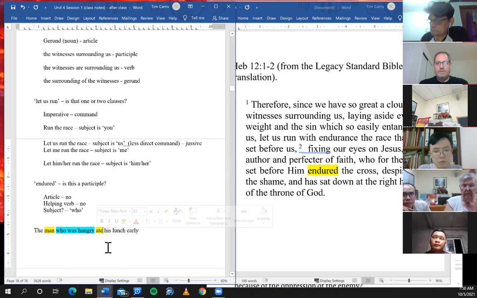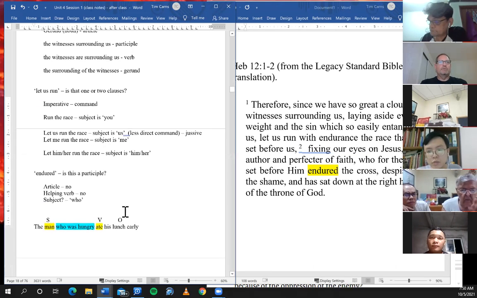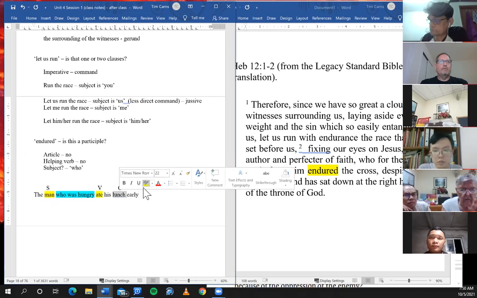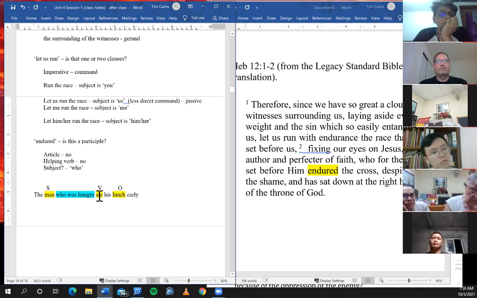You see that? So the subject here is the man. The verb is ate. The man ate his, and then the object is lunch. We will see that quite often in English and quite often in scripture as you're looking at passages.